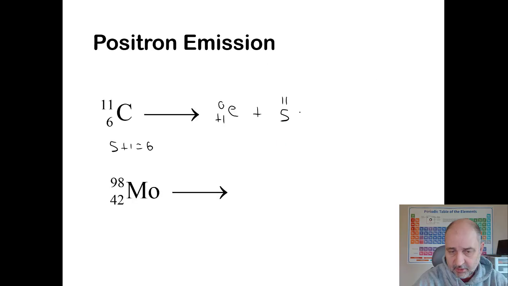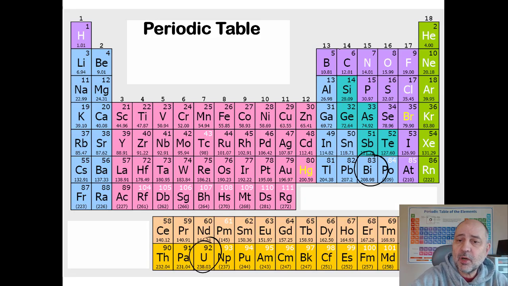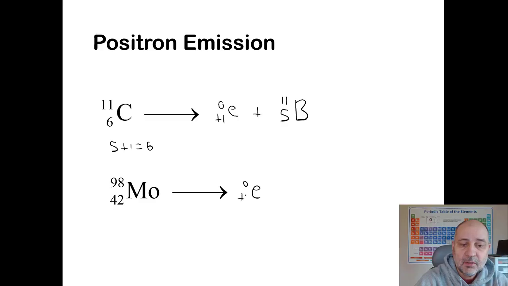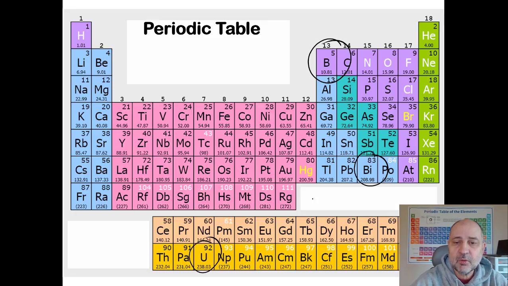This is going to be, oh, I don't have the periodic table, but it's boron, all right? So atomic number 5. So we put a B, and we can do the same thing for the molybdenum isotope here, right? And it's 98, and then 42 goes to 41. We go look up 41, and 41 is niobium, Nb.